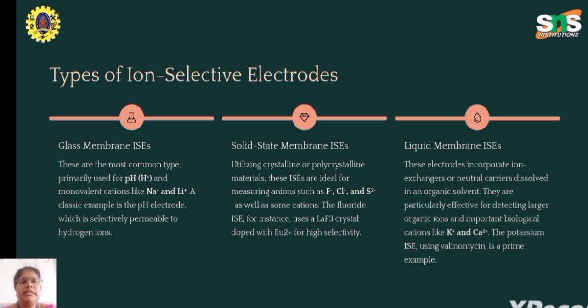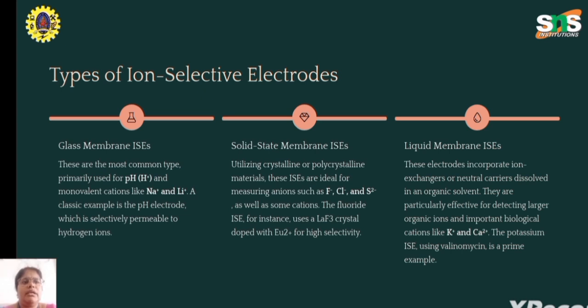Next is the solid-state membrane ion-selective electrodes. Utilizing crystalline or polycrystalline materials, these ion-selective electrodes are ideal for measuring anions such as F-, Cl-, S2-, as well as some cations.